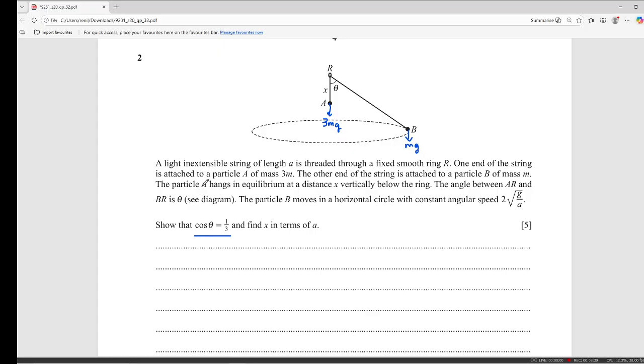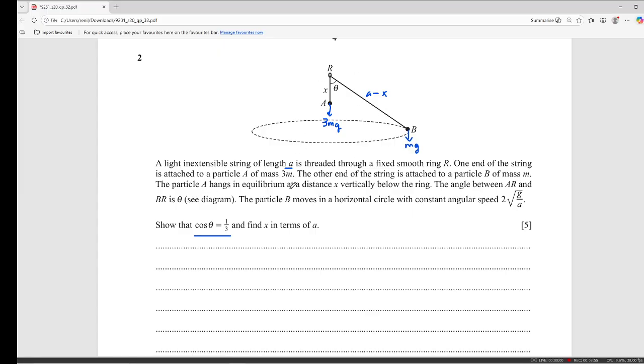The particle A hangs in equilibrium at a distance x vertically below the ring. So if this is x and the whole length of the string is a, I can say that this is a minus x. We don't need to assign another variable. The angle between AR and BR is theta.